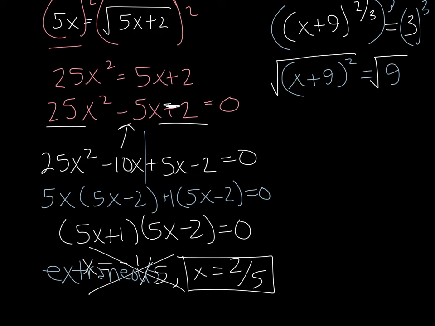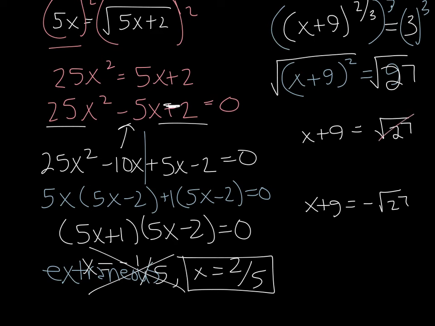You could also FOIL this if you want, and then get one side equal to 0 and use the quadratic formula. But if you take the square root, you're going to get x plus 9 equals positive root 27, and then x plus 9 equals negative root 27.